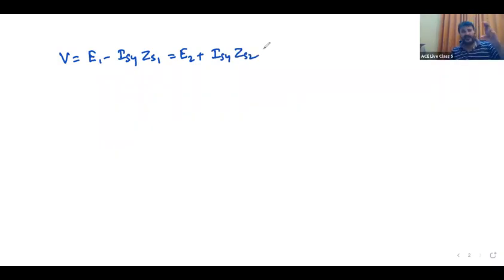The first machine is at higher potential, so E1 minus the drop is equal to V. But the second machine is at lower potential compared with V, so that will be E2 plus ISY into ZS.